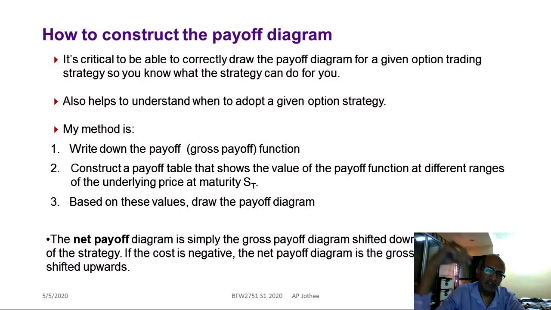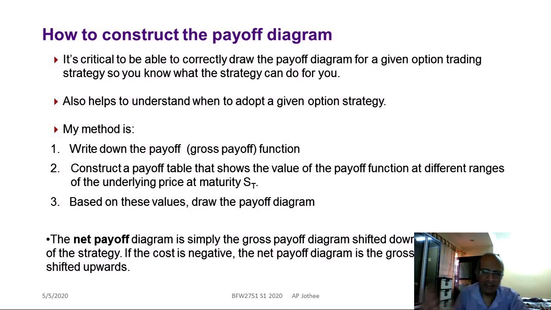Right? My method is normally to write down the gross payoff functions first. Sketch out the gross payoff function first. Based on your strategy, what will be the payoffs? The payoffs depend largely on where the ST stands at the maturity point. And of course, the dividing factor is the strike price itself.